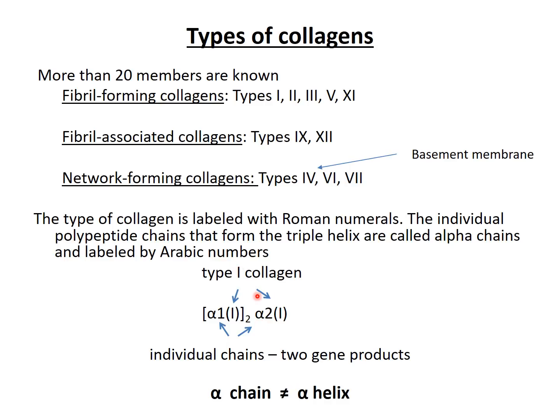So in case of type 1 collagen, we have two alpha 1 chains and one alpha 2 chain of type 1 collagen, which comes together to the triple helix. Now, as I mentioned, these are individual chains of different gene products that build the triple helix.